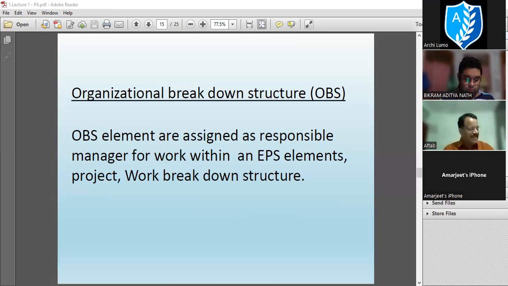Can you explain a little bit about WBS? Sir, I know only the definition, work breakdown structure, I think.